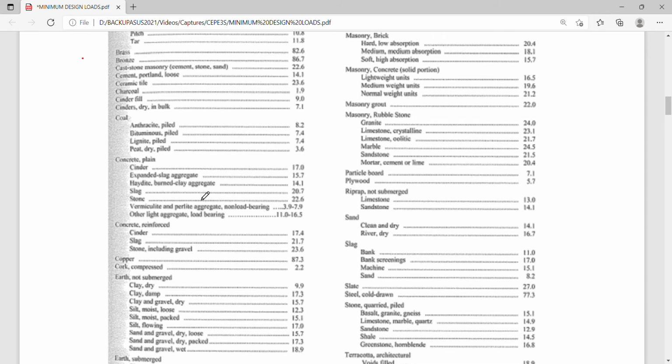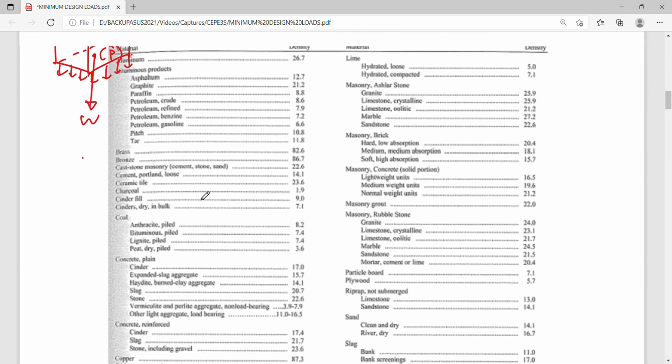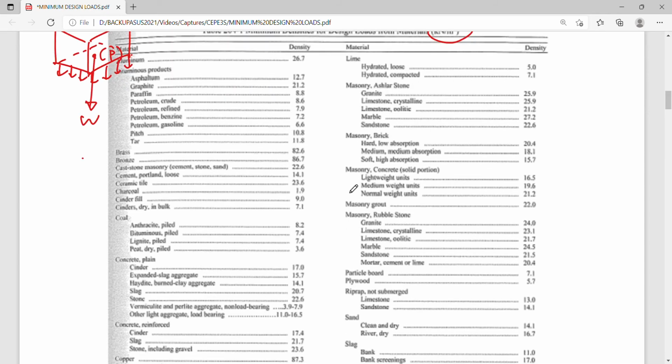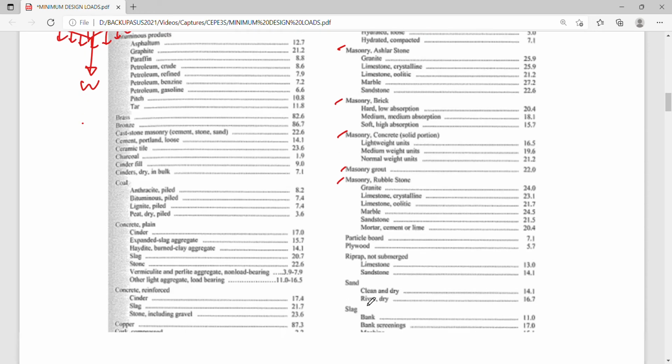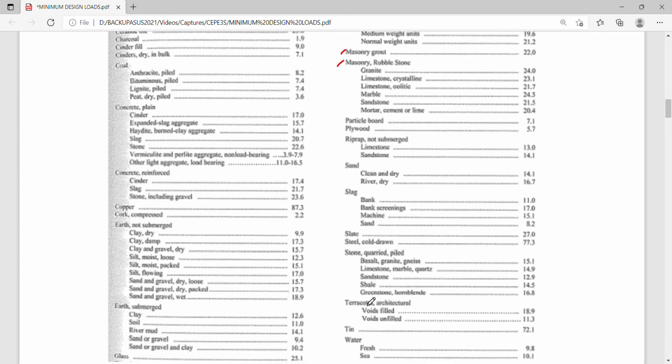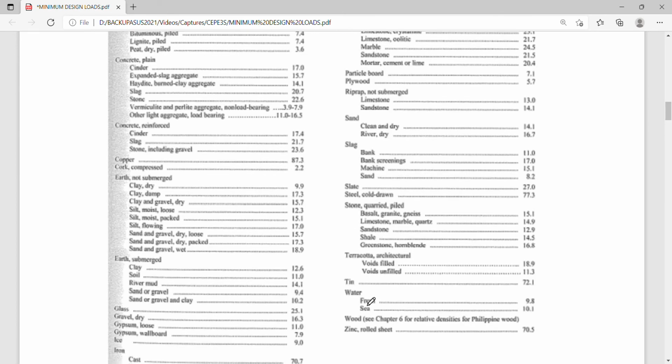And of course, the very useful materials here are the masonry materials here. So you can see masonry, stone, bricks, concrete, grout, rubble stone. Also, you have here material such as particle board and plywood in terms of density or unit weight.